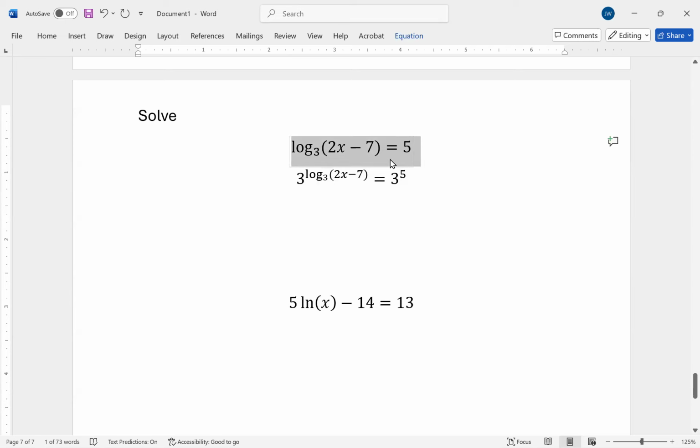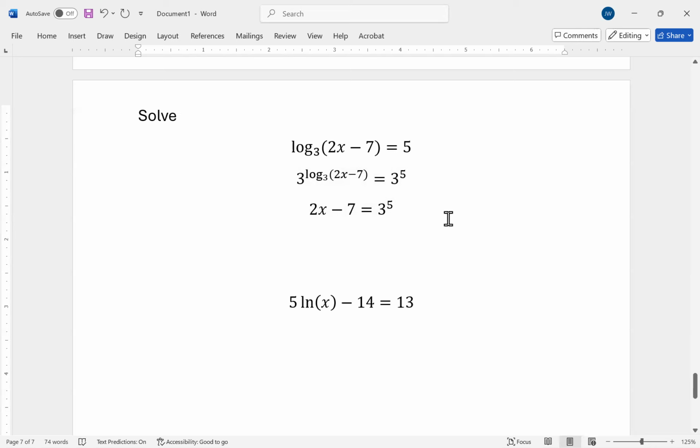As an exponential function, this would mean that the thing inside my argument, which is 2x minus 7, is equal to 3 to the 5th. Notice that I get the same either way. 3 would cancel out with the exponent of log base 3, and I just get 2x minus 7 on the left-hand side.